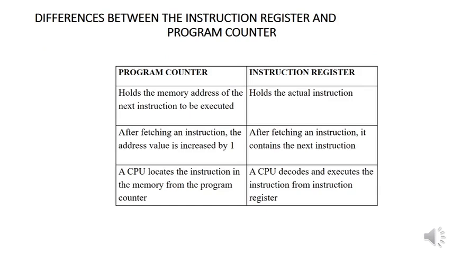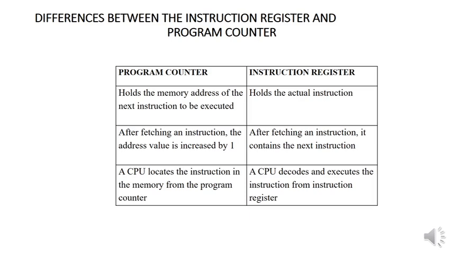So the difference between the instruction register and program counter: the program counter holds the memory address of the next instruction to be executed. That is the PC. While the IR holds the actual instruction. After fetching an instruction, the address value is incremented by 1.